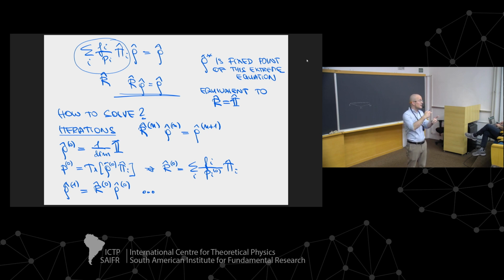Okay, how to solve such an equation? They are operators, and the kernel R contains probabilities in a nonlinear way, and probabilities are again functions of the quantum state. So it's a nonlinear operator equation. It's horrible.